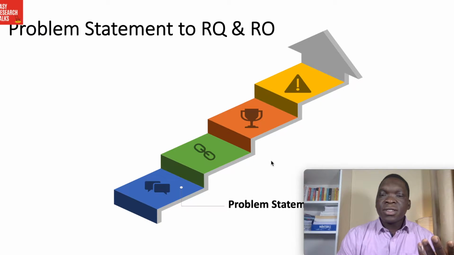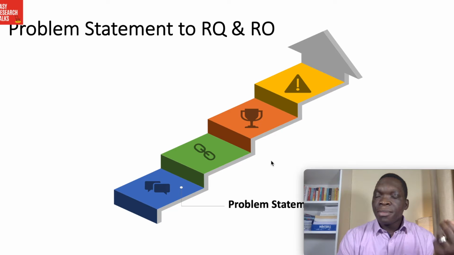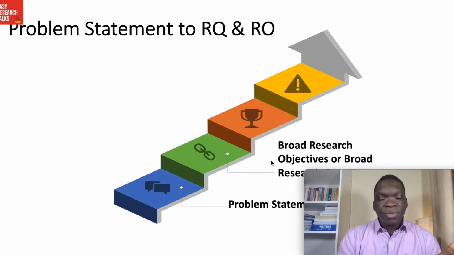Writing a problem statement is very important because it is what will describe the issues which you are trying to solve. And secondly, the problem statement would guide you to come up with broad research objectives as well as specific research objectives and research questions.